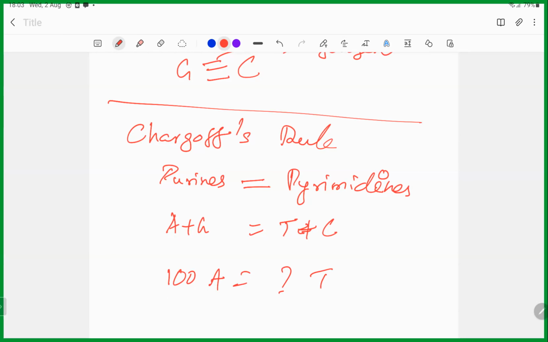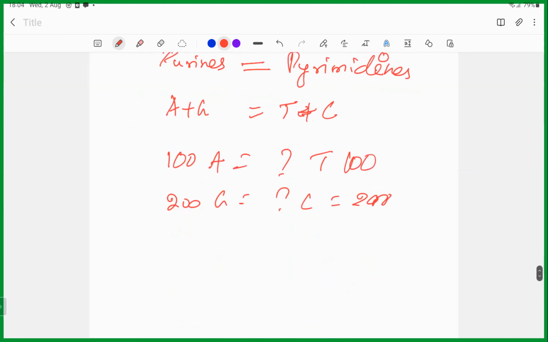If 100 adenine are there, how many thymine will be there? Very good, 100 thymine. Okay, if 200 G is there, how many C? 200, because that's the only option. Can you understand? So this is Chargaff, the scientist's rule. Is it clear? So all these things make the double helical structure of DNA. Fine. So you should know about DNA.